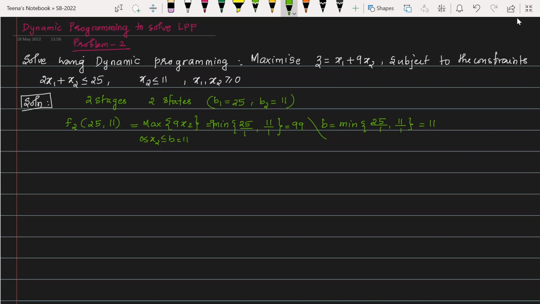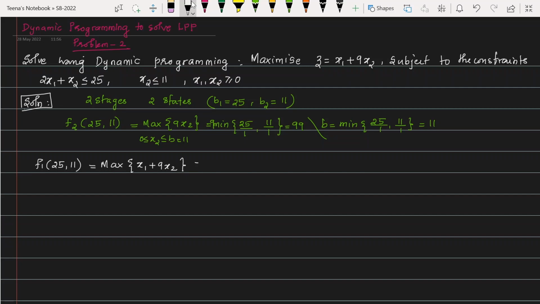Now let us get to stage 1. In stage 1 we have f1(25, 11), which is the maximum of x1 plus 9x2.